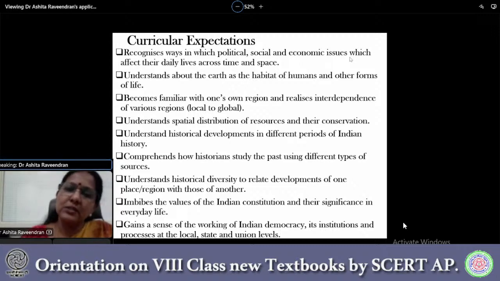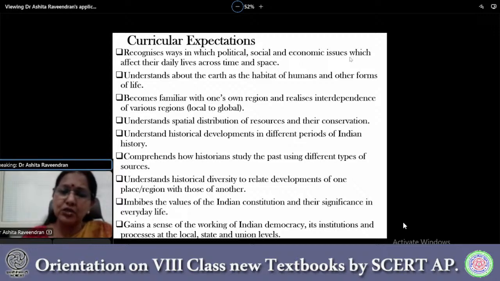These are taught in the classroom so that they understand how a democracy works, and how every individual, as an adult citizen, has the right to vote, how they become a partner in the democracy, and how many duties they have as a citizen of this country to ensure that the country progresses as per the values stated in our Indian Constitution. So these have to be imparted to a learner.